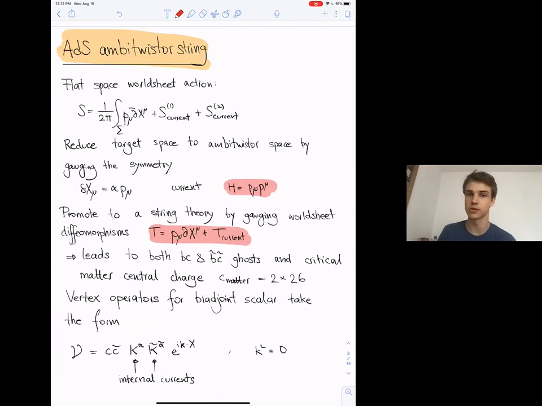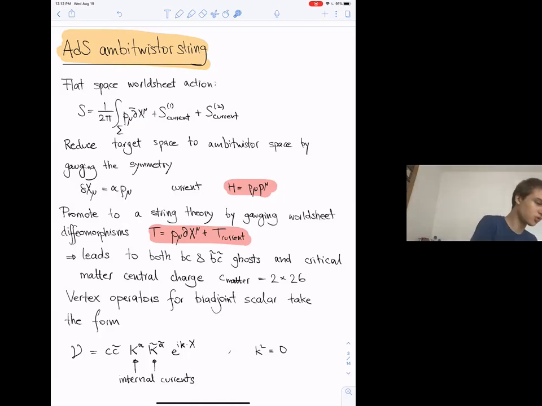All right, so let's look how that went. And I will just focus on the bosonic ambitwistor string. It turns out that this is enough, but there is a supersymmetric version of it as well. All right, so let's start from the worldsheet action. The worldsheet action is actually deceptively simple. So it's just in first order form. So we have a momentum here, and we have the target space position, but these are two independent variables here.